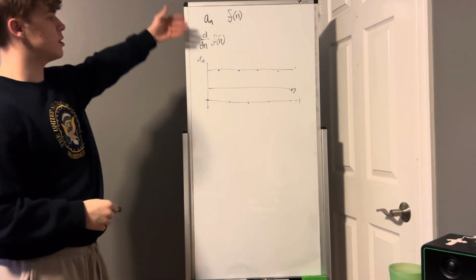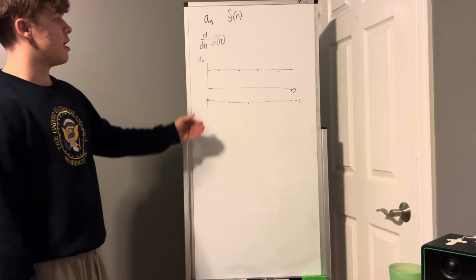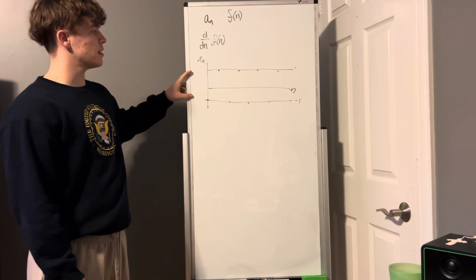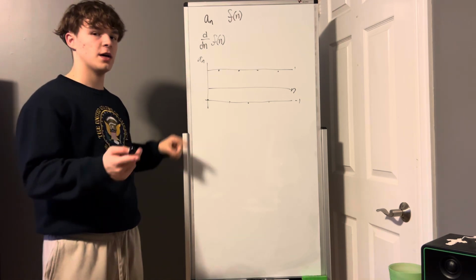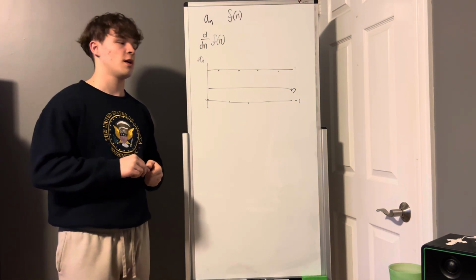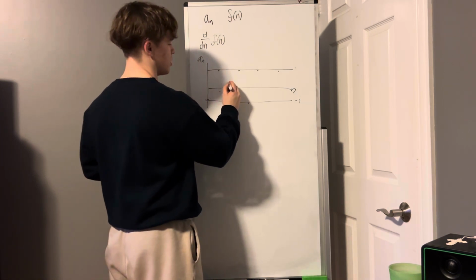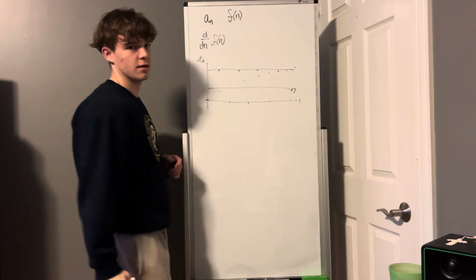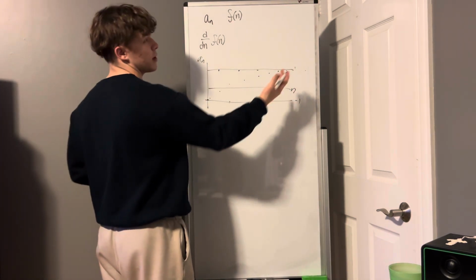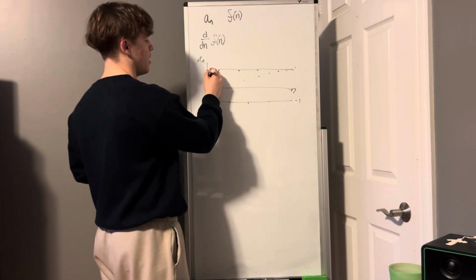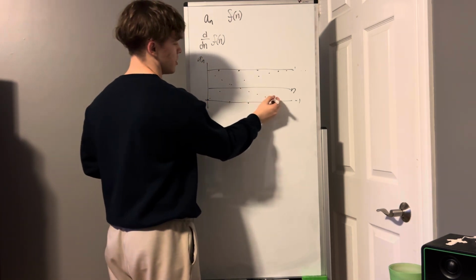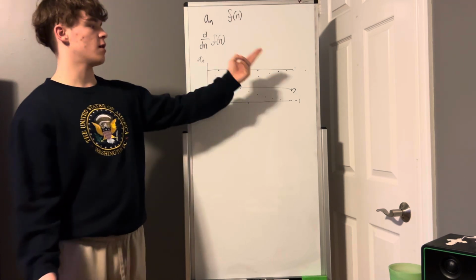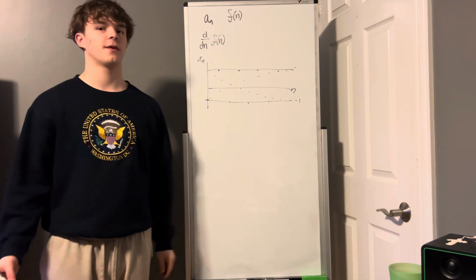If we put those two together, we can say that if a sequence is monotonic and has a bound, it must converge. Because if this sequence was to just increase, it would have to stop here once we get to infinity. The same if it was just to decrease: it wouldn't be able to cross this bound or go back up, so it has to converge.